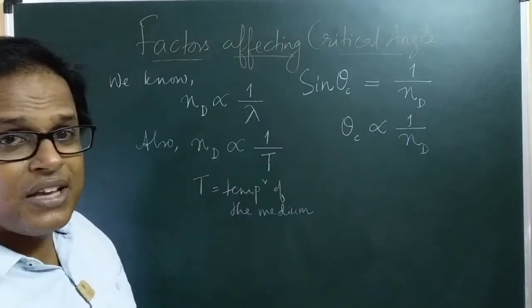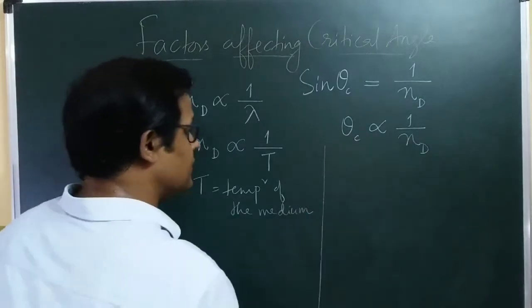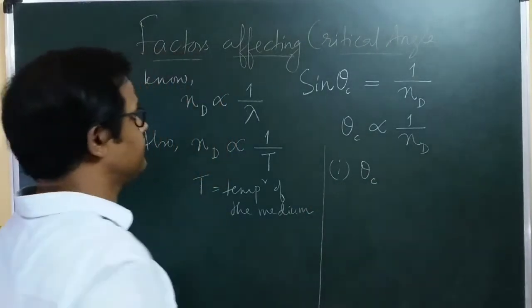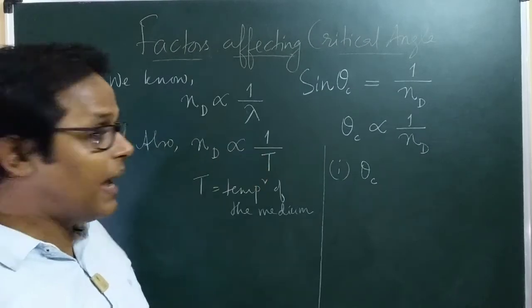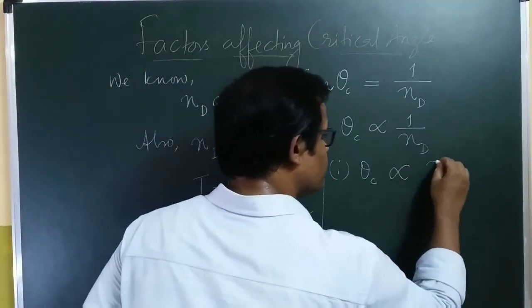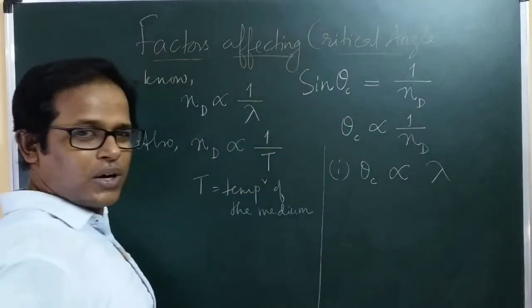So from this, I can easily conclude that number one, since the refractive index is inversely proportional to lambda, the critical angle of incidence will be directly proportional to lambda. What does that mean?